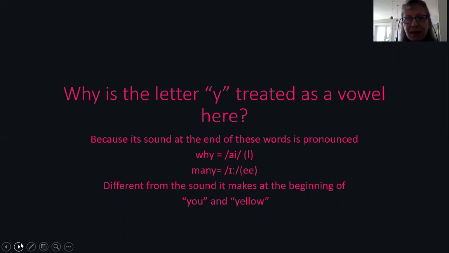Now, at the beginning of words, letter Y makes its traditional consonant sound Y. For example, you and yellow. And that's why I said in the previous slide that the connection takes place between vowel to vowel, the sound rather than the letter.